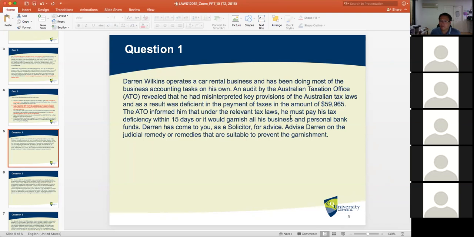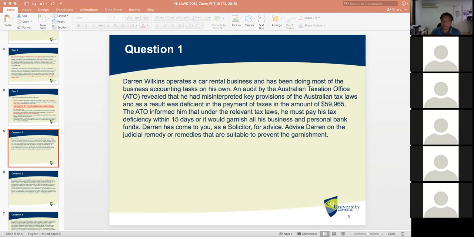Okay, I'll read it again. Darren Wilkins operates a car rental business and has been doing most of business accounting tasks on his own. An audit by the Australian Taxation Office, ATO, revealed that he had misinterpreted key provisions of the Australian tax laws, and as a result was deficient in the payment of taxes in the amount of $59,965.